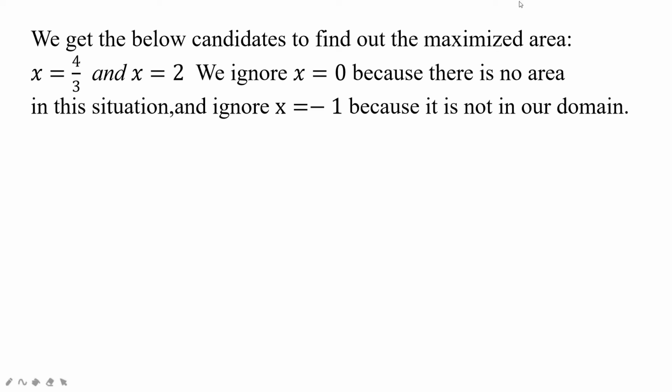After that, we get our candidates to find the maximized area, which are x equals 4/3 and x equals 2. So why do we ignore x equals 0 and x equals minus 1? We ignore x equals minus 1 because minus 1 is not in our domain, so we do not consider it. And for x equals 0, we know that x equals QP, which is the height of the trapezium.